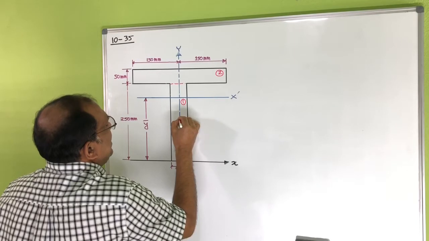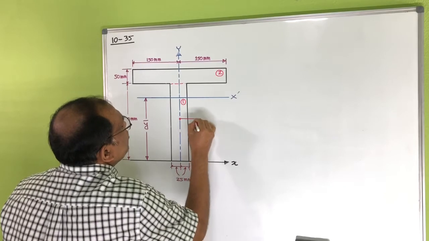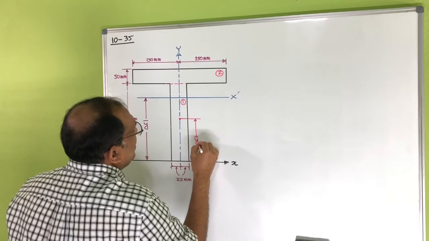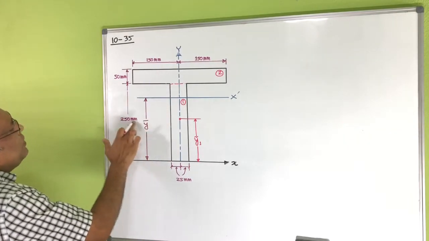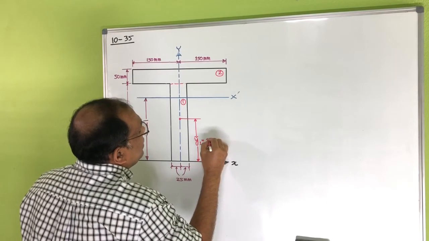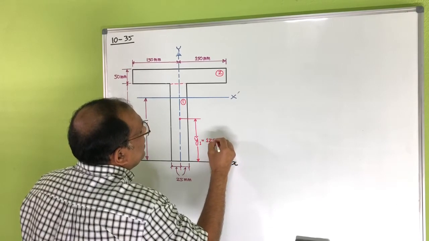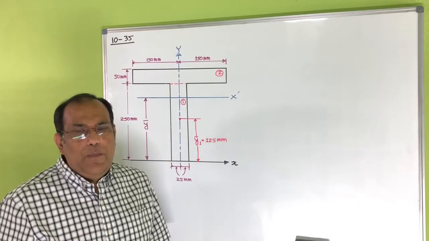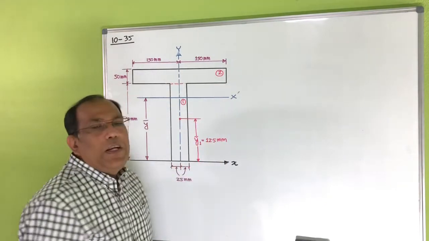Let's say this one is here, so we call that y tilde 1, and you can see from here to here is 250 millimeters, so this one has to be 125 millimeters, right?